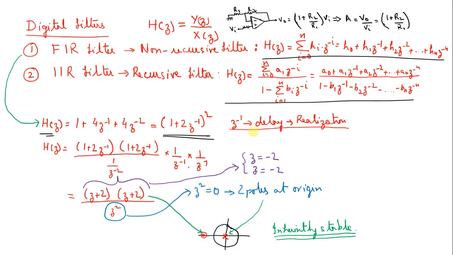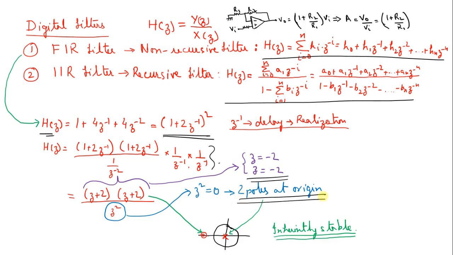Now, if you want to find the pole zero plot, we have already discussed how to do it. By this method, you will find that there are two zeros at z equals minus 2, and there would be two poles at the origin.